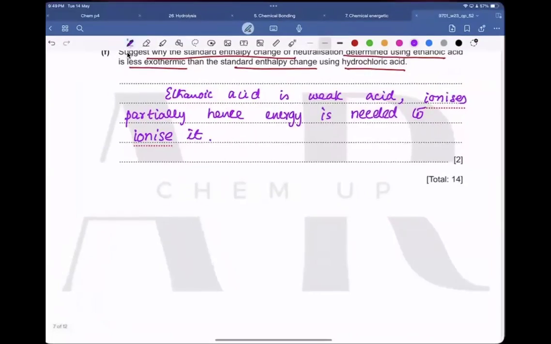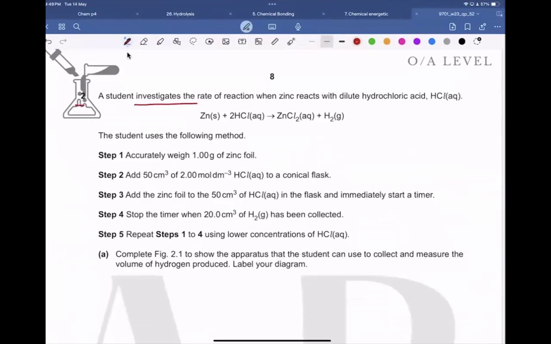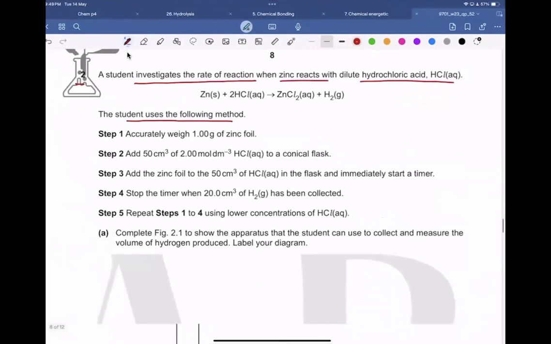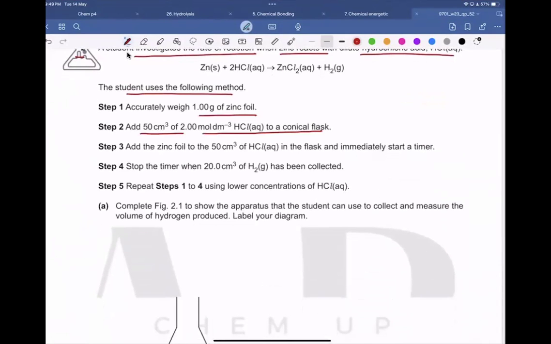Okay. Now, question number 2. A student investigates the rate of reaction when zinc reacts with dilute hydrochloric acid. The student uses the following method. Accurately weigh 1 gram of zinc foil, add 50 cm³ of 2 mol/dm³ hydrochloric acid to a conical flask, add the zinc foil to the 50 cm³ of HCl in the flask and immediately start a timer.